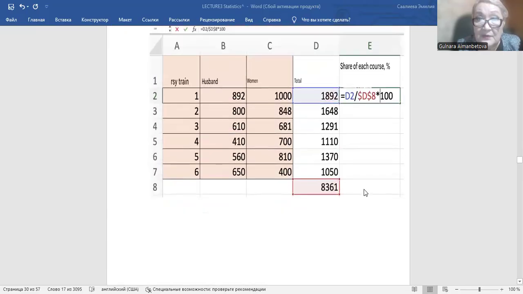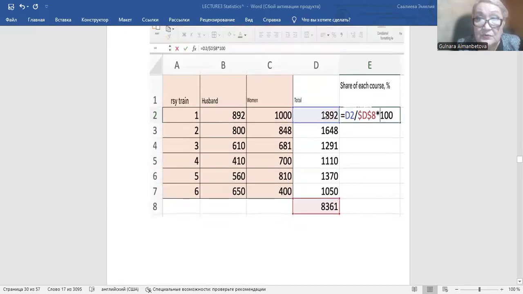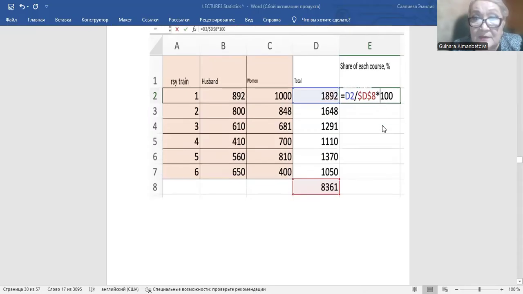How do we find percentage? We also write the formula equal D2 divided by D8 times 100, the share of each course in percentage.